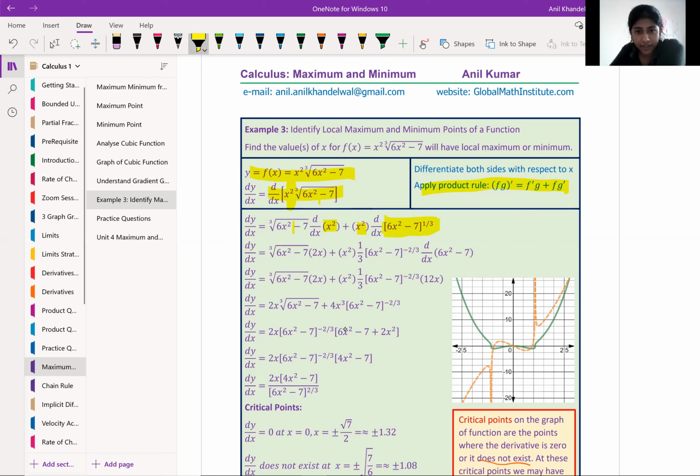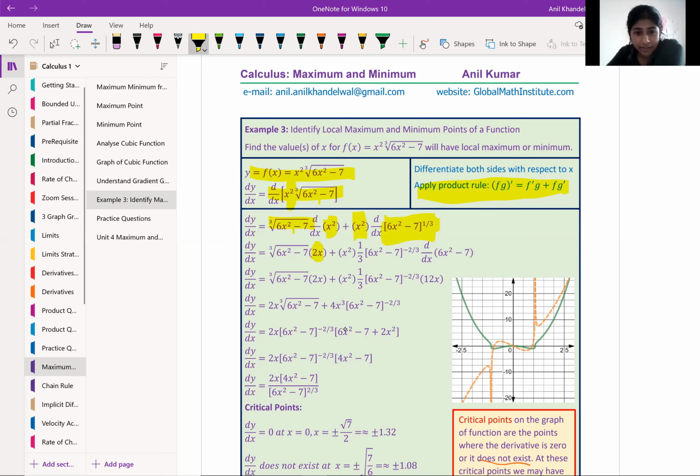Now we find using the product rule formula. So you find the derivative of the first function, which is x squared. Yep, there. And then you multiply it by the cube root of 6x squared minus 7. Then you add the derivative of the second one, which is 6x squared minus 7 to the third, multiplied by x squared. Yes. So the derivative of x squared is just 2x.